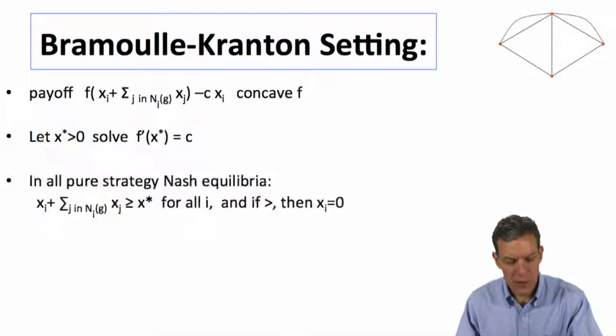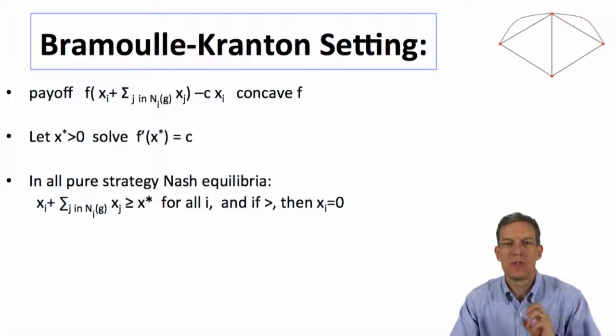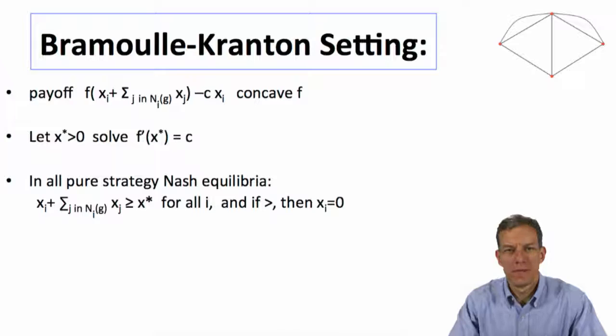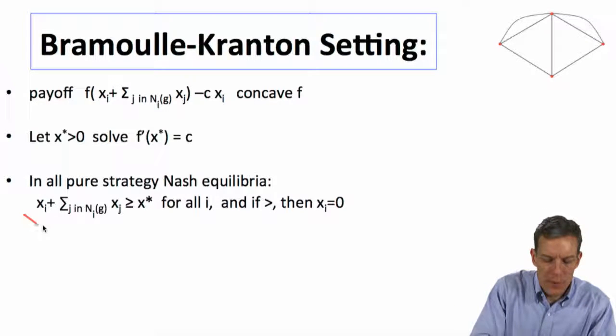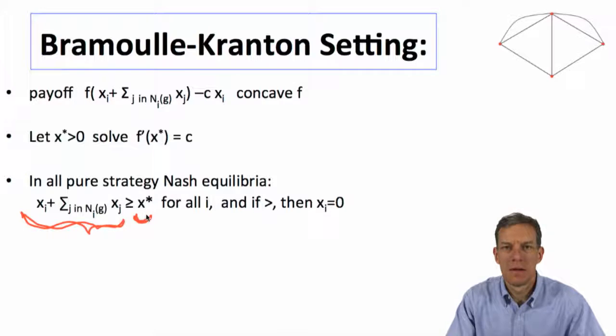Okay, so what's true about x star? If you look at any pure strategy Nash equilibrium, now let's suppose that each person chooses the x's and they look at what their neighbors are doing. In all pure strategy Nash equilibria, the total amount that any individual is getting in their neighborhood has to be at least x star. Okay?